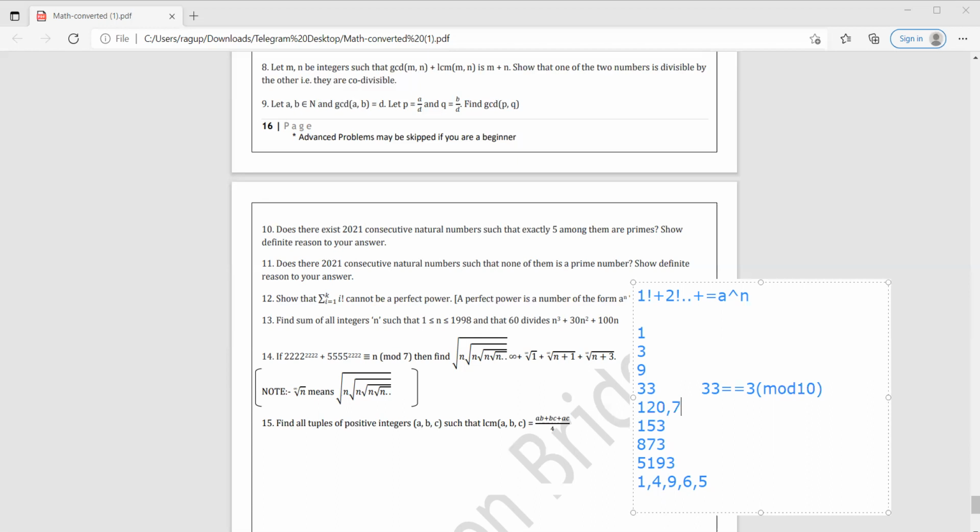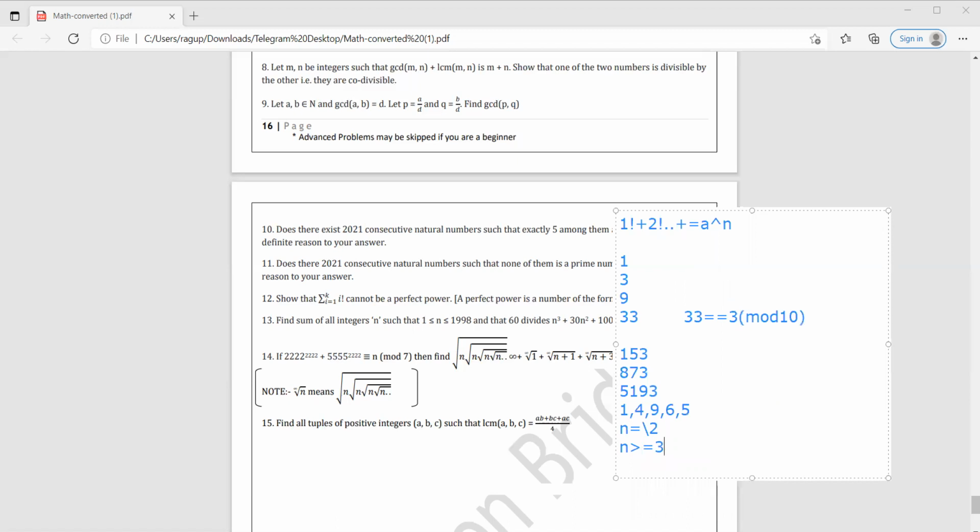So at each step we are adding multiples of 10. So the remainder of sigma k factorial on division by 10 would always be 3, and thus it cannot be a perfect square. So this means that n is not equal to 2. So this means that n has to be greater than or equal to 3.